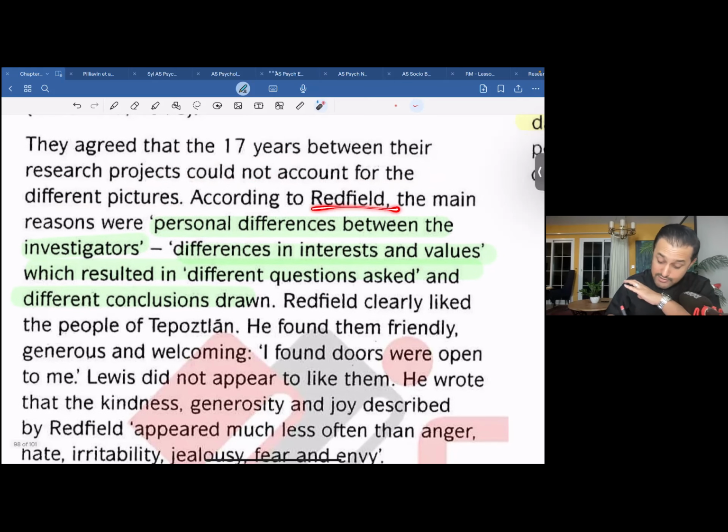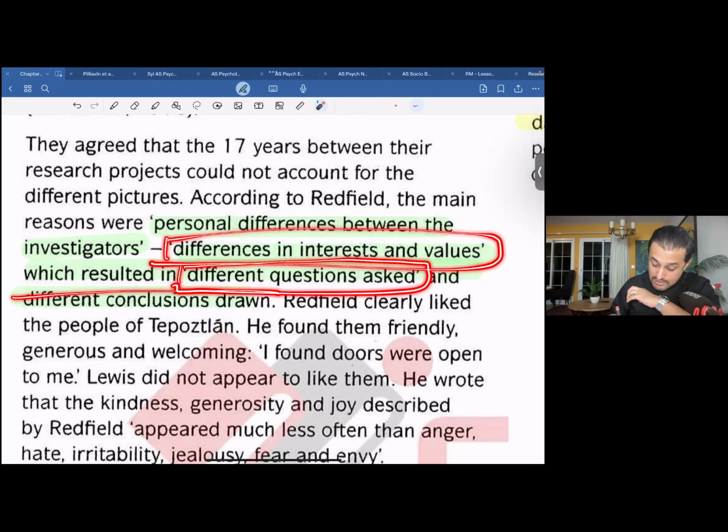According to Redfield, the main reason was personal differences between the investigators, how these researchers saw that particular community. Differences in interests and values resulted in different questions asked, right? If your interests and values differ, this might result in you asking different questions. And if you're asking different sorts of questions, the likelihood of you drawing different conclusions is always there.